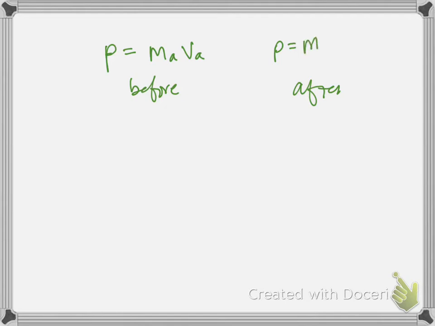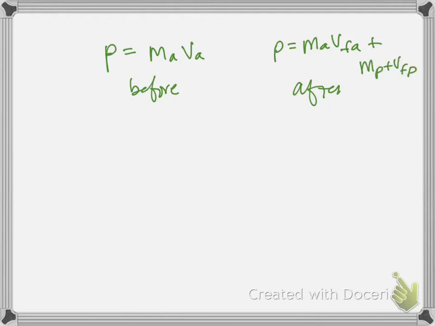Okay, so now we've got to figure out which pumpkin is moving fastest. At the beginning of this, when the arrow is fired and the pumpkin is at rest, all of the momentum of our system is the mass of the arrow times the velocity of the arrow. That's our before situation. In our after situation, the total momentum is the mass of the arrow times the final velocity of the arrow plus the mass of the pumpkin times the final velocity of the pumpkin.